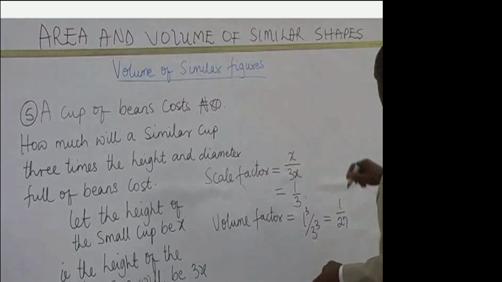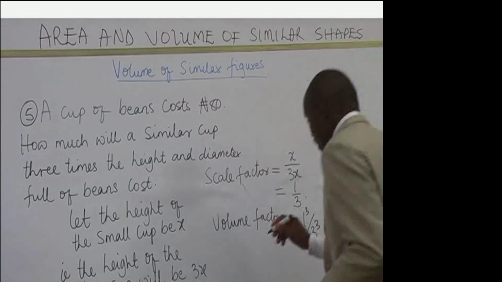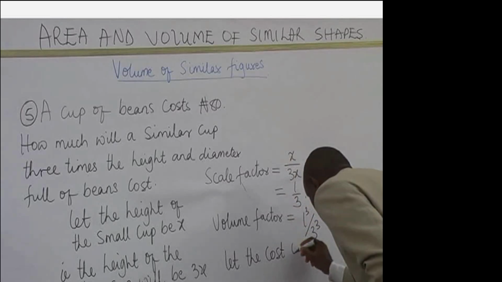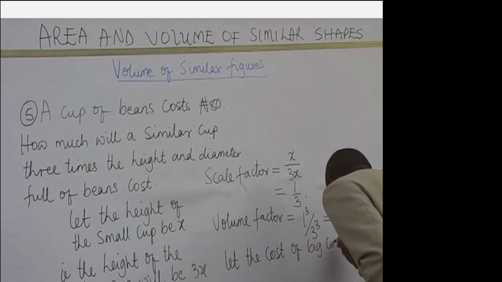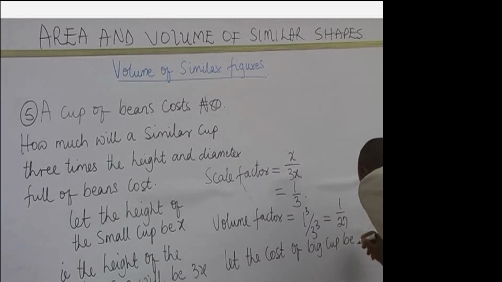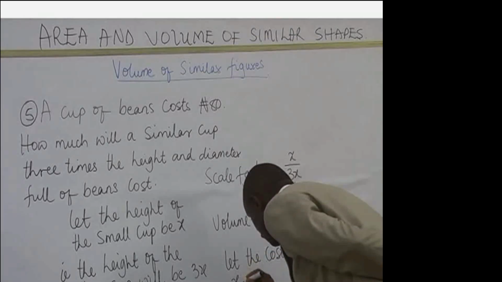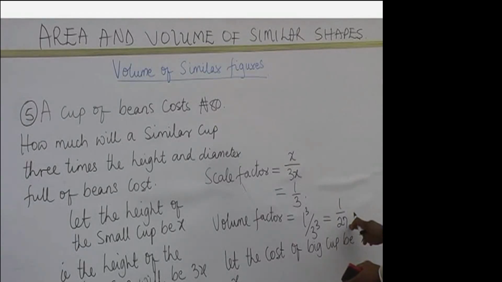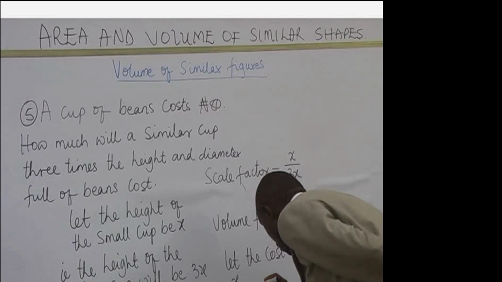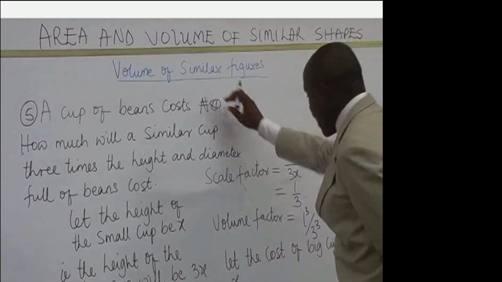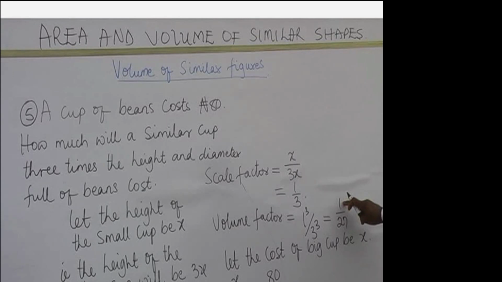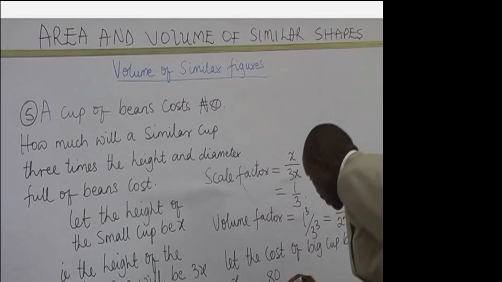So let the cost of the big cup be X. If the cost of the big cup is X, then X divided by the representative of the big cup in the volume factor, which is 27, will be equal to the cost of the small one, which is 8 given in the question, divided by the representative of the small cup in the volume factor, which is 1.